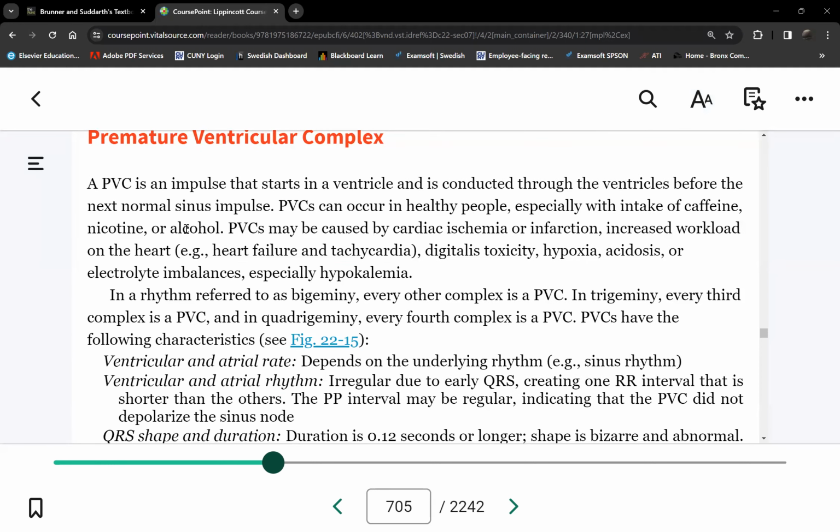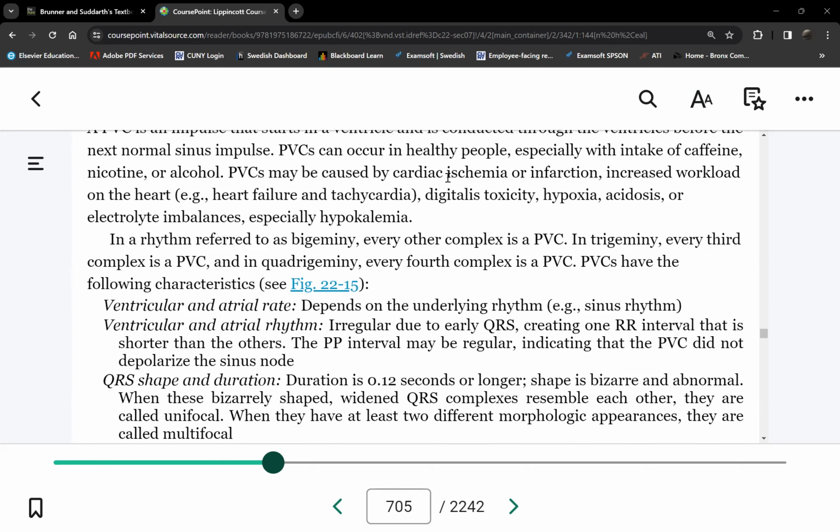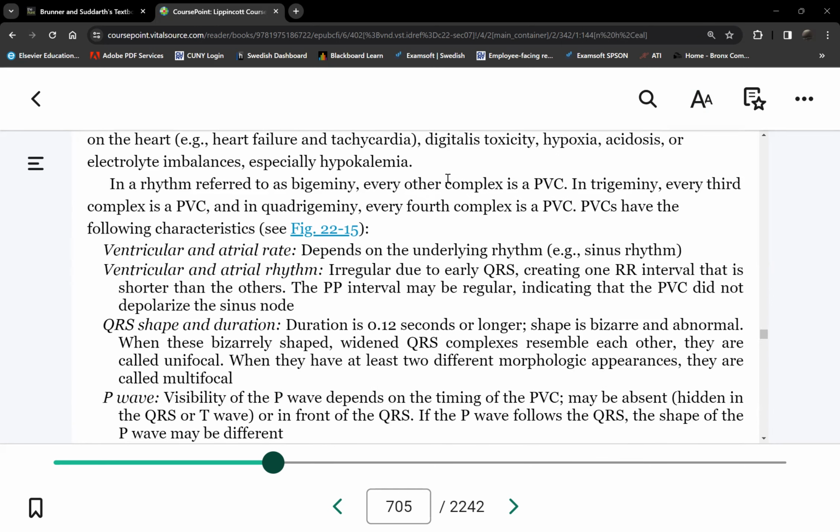If they show PVCs, which we otherwise would not treat, just like PACs, these PVCs occurring in patients with active coronary problems have to be treated. Most treatments will involve beta blockers, as you'll see under the treatment.